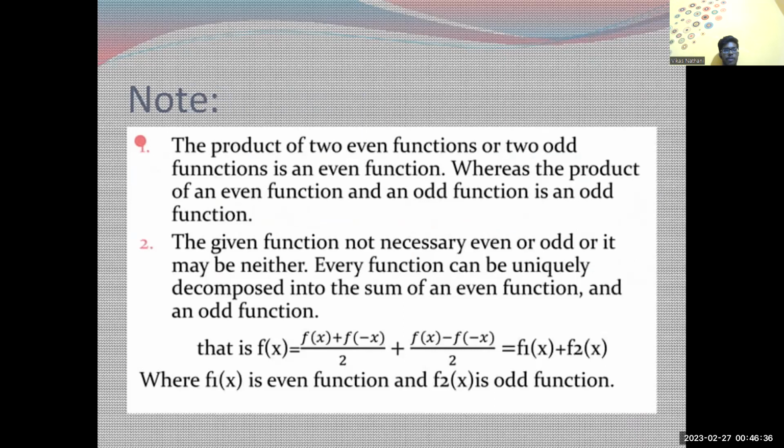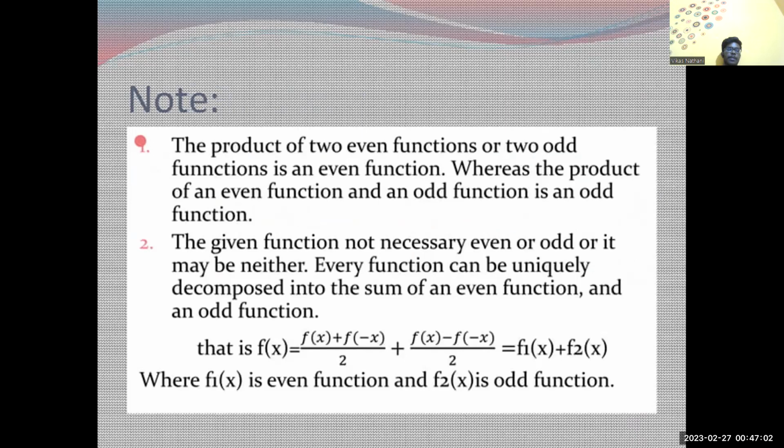The product of two even functions or two odd functions is an even function, whereas the product of an even function and an odd function is an odd function.